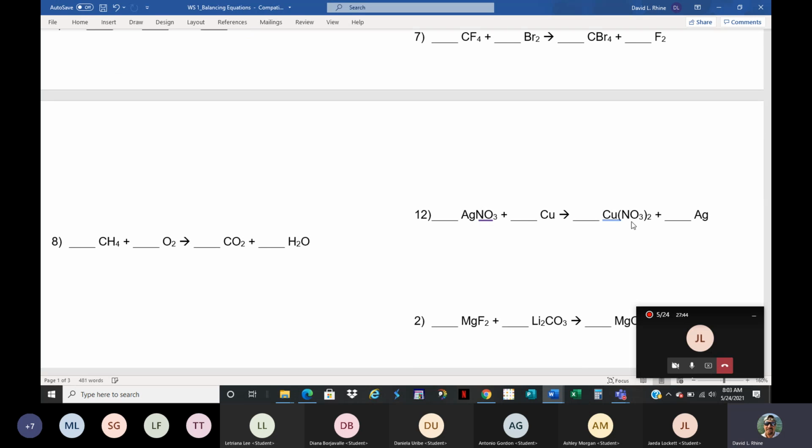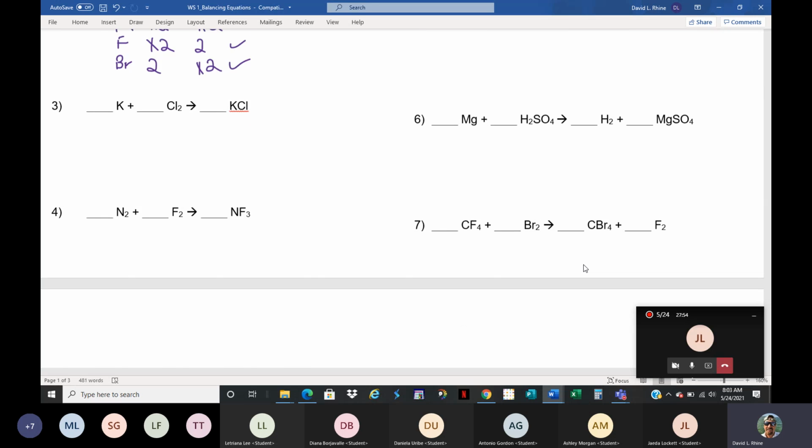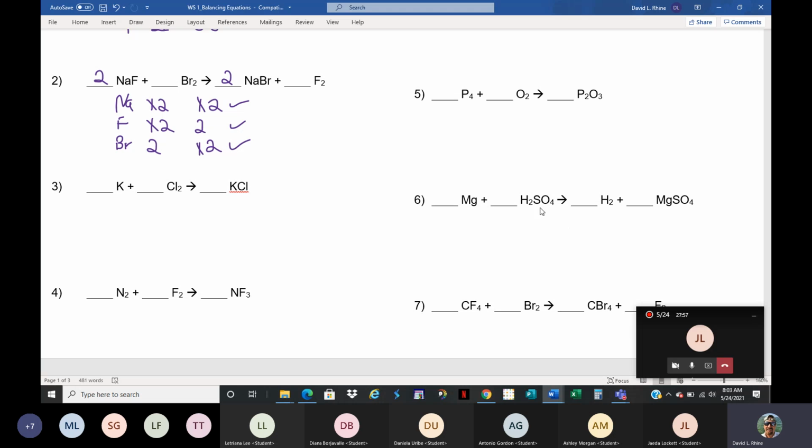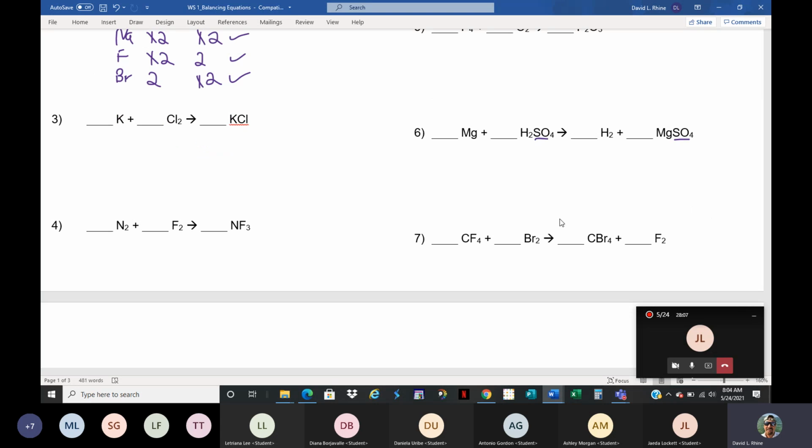NO3 is nitrate, a polyatomic ion. You'll notice a lot of times the polyatomic ions go through these chemical reactions unchanged. Like here's sulfate, it's a polyatomic ion. It went through unchanged, it just switched partners from hydrogen to magnesium.